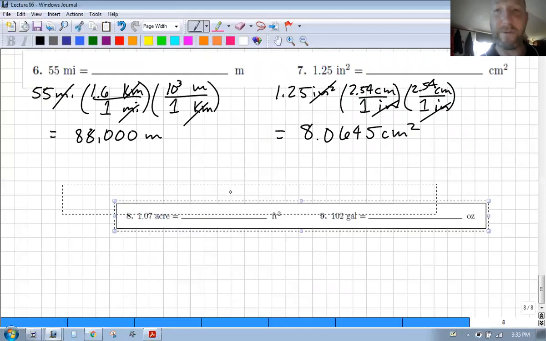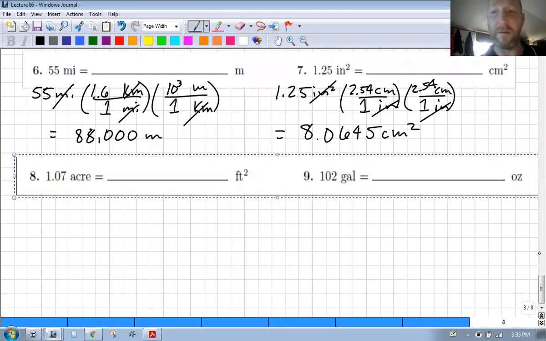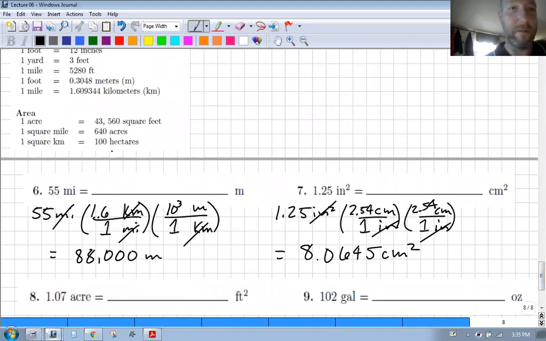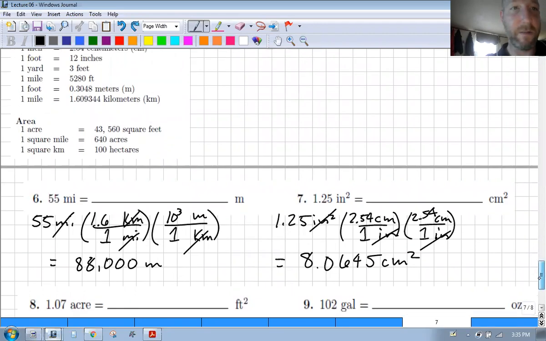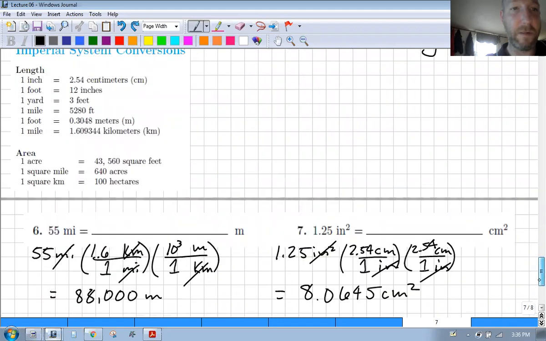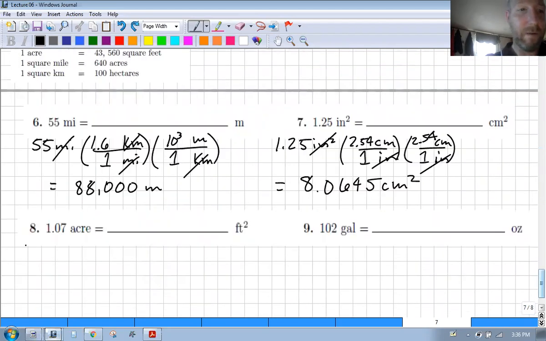Acres to square feet. Okay. Oh, here we go. That works. 1.07 acres.